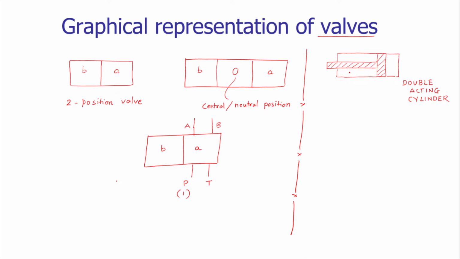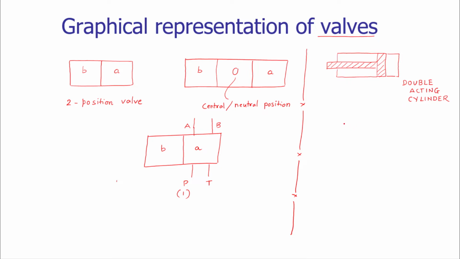For that purpose, we have to have the pressurized fluid flow at the rod side so that the cylinder will get retracted. But the pressurized fluid at the top side has to be taken to the tank side. So for that purpose, we need a valve. We need two positions, the extension position and the retraction position.